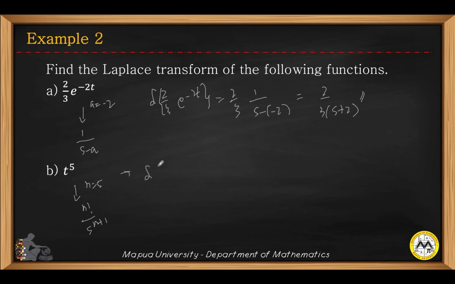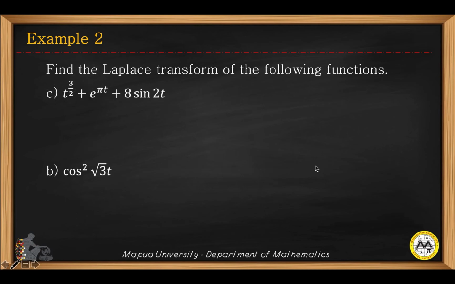So the Laplace transform of t to the 5th is equal to 5 factorial over s raised to 5 plus 1. 5 factorial is 120. So this is s to the 6. Of course, s should be greater than 0. Okay, let's have the next slide.